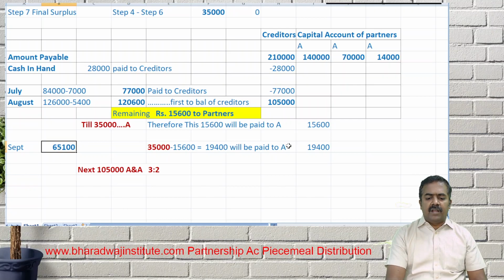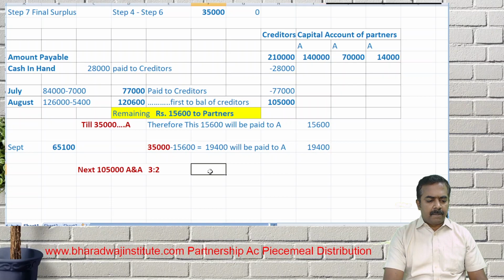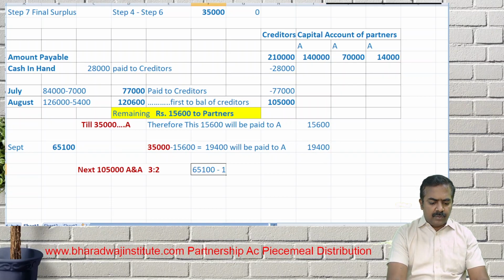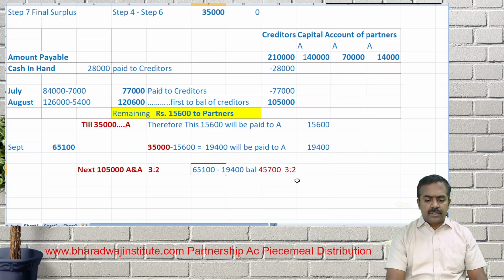Of the 65,100, how much has been paid? 19,400 has been paid. Now how much balance is there? The balance is 45,700. To whom should this 45,700 be paid? This 45,700 can be paid only to the first two partners in which ratio? 3:2 ratio. It should be paid in 3:2 ratio.